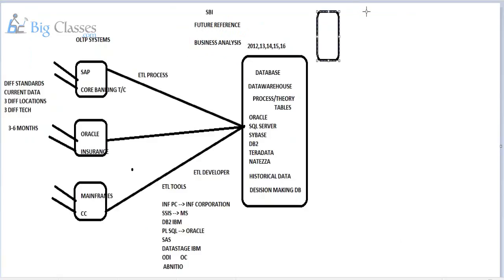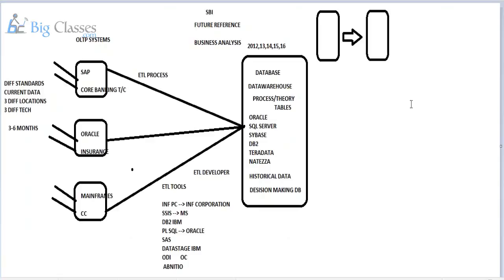Let's say you have one billing system where you want to migrate the data from this system to another system. You can use Informatica PowerCenter in this kind of data migration activity also.